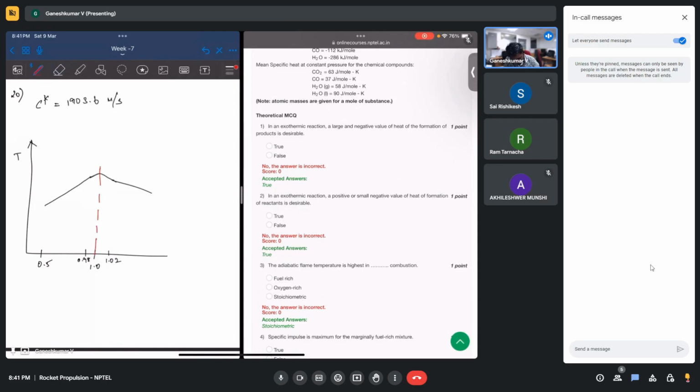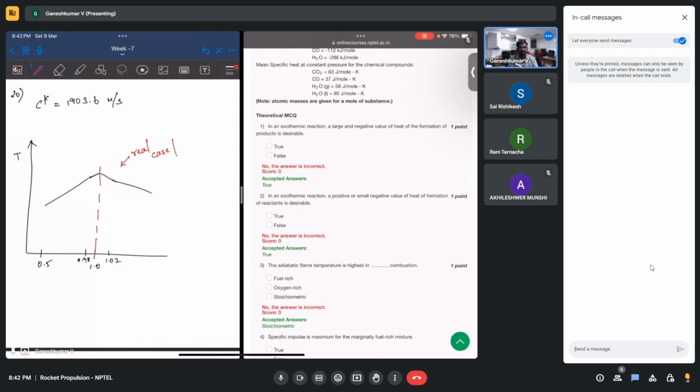That happens in the real case, but getting a real-case adiabatic flame temperature is not easy. You have to run separate thermodynamic, chemical equilibrium calculations. In our course, we are not dealing with that. We are assuming stoichiometric products, or some certain number of products, and we manually calculate it. When you do this calculation, the adiabatic flame temperature always lies at the stoichiometric condition.